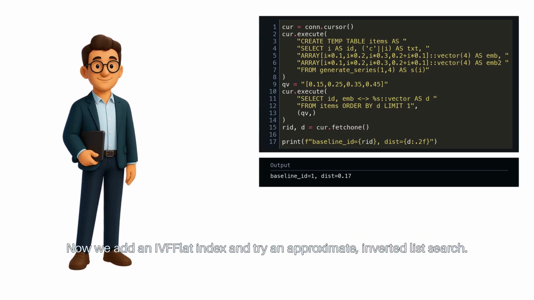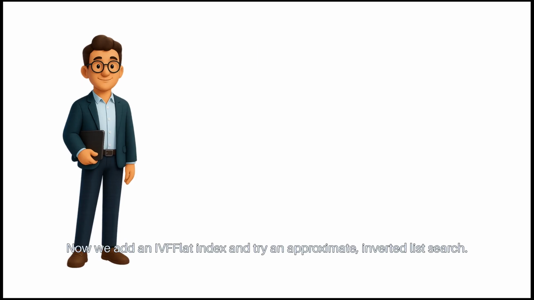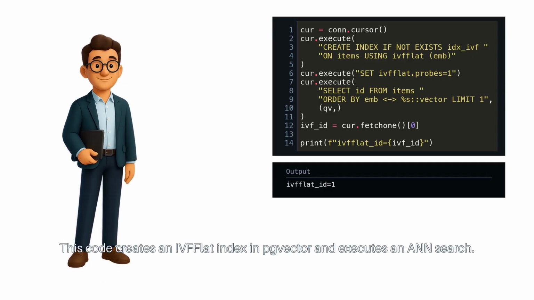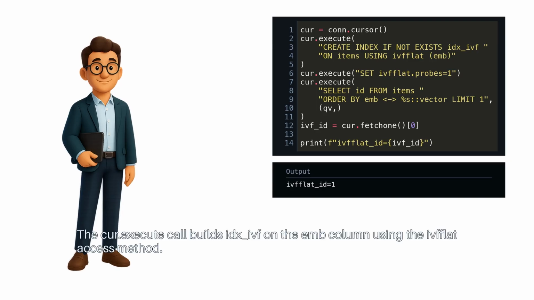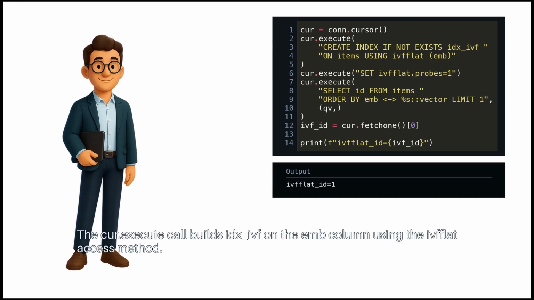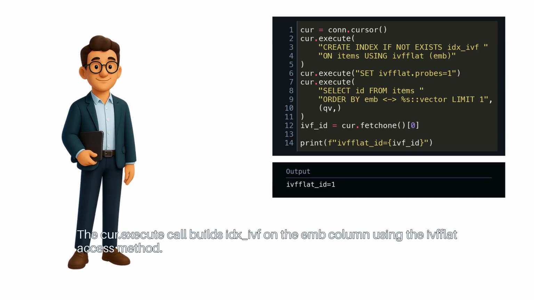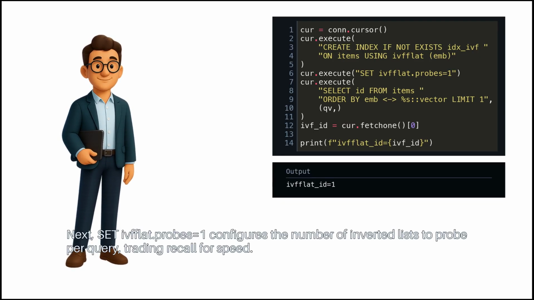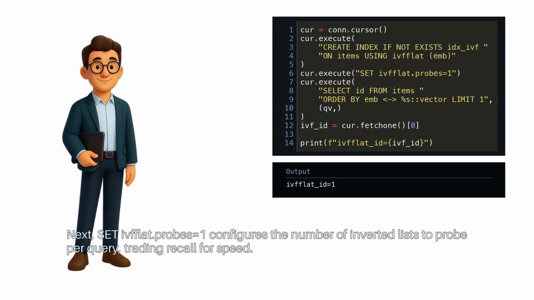Now we add an IVFFlat index and try an approximate inverted list search. This code creates an IVFFlat index in pgvector and executes an ANN search. The cur.execute call builds idx_ivf on the emb column using the IVFFlat access method. Next, SET ivfflat.probes = 1 configures the number of inverted lists to probe per query, trading recall for speed.